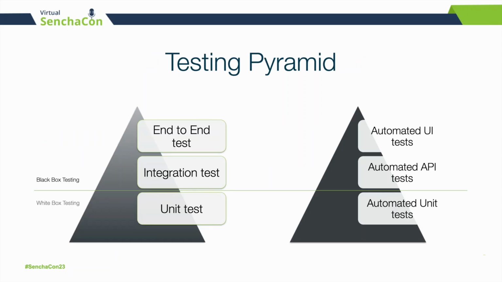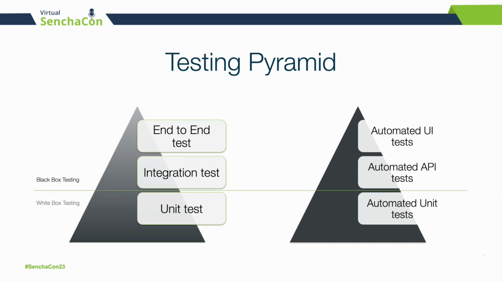Let's move on to the testing pyramid. We can segregate the testing into two, white box and black box. White box is mostly done by the developers and they do it using unit test cases, whereas the black box involves integration testing using API and end-to-end testing using the UI.